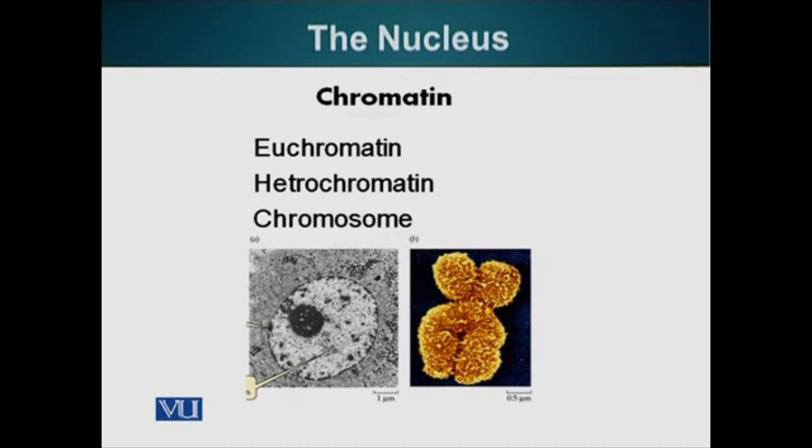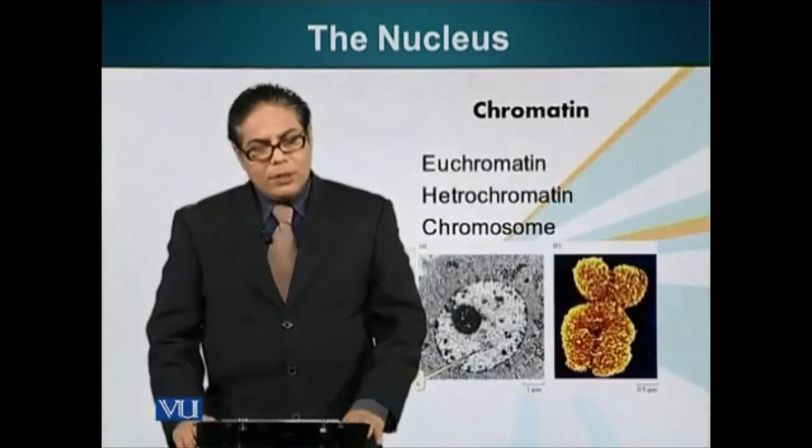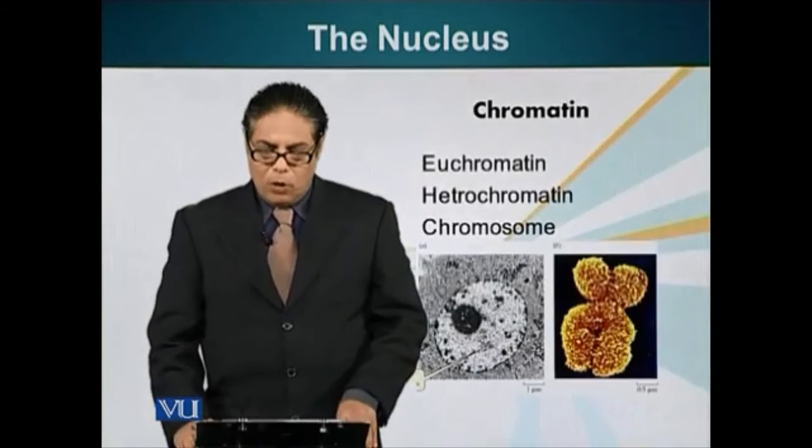We will talk about chromosomes in a later lecture, but these chromosomes are basically made up of DNA and a special type of protein molecules called histones. The DNA is wrapped tightly around the histone molecules. We will talk about this in a subsequent module.